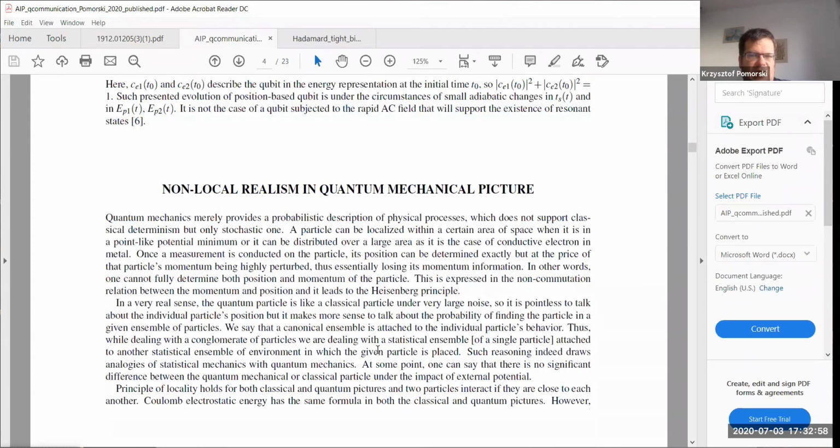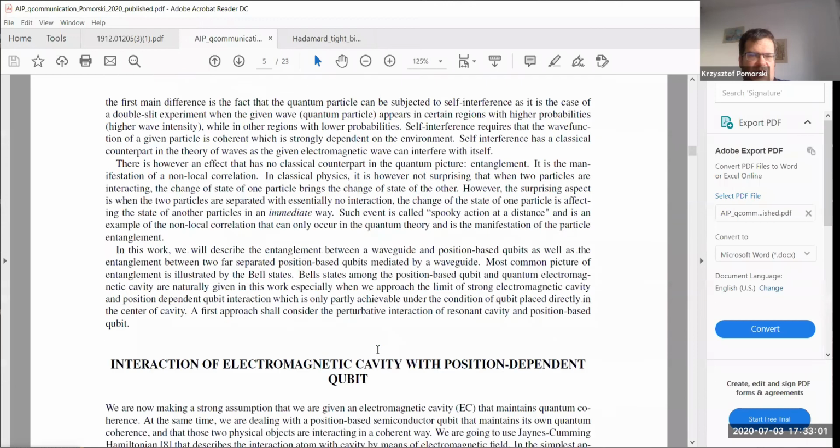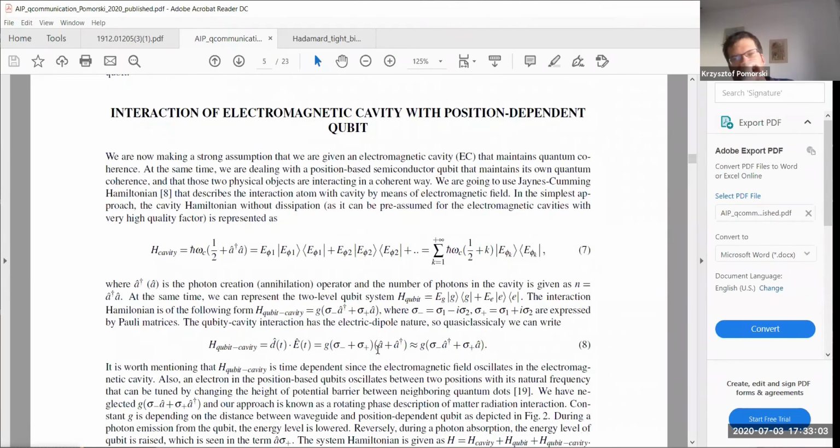All right, so this was already discussed, and last week we talked about the placement of this position-based qubit in an electromagnetic cavity.